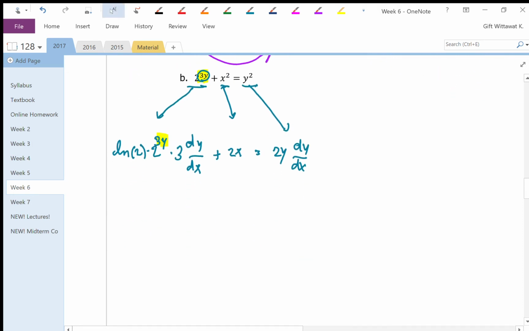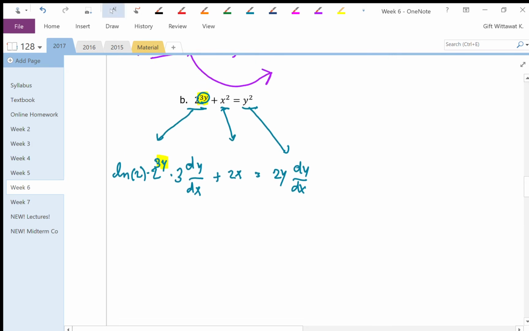And I go into my routine again. I just separate dy by dx to one side and then put everything else to the other side. So I'm going to have log of 2 times 2 to the 3y times 3 times dy dx minus 2y dy dx on one side, and then negative 2x on the other side.